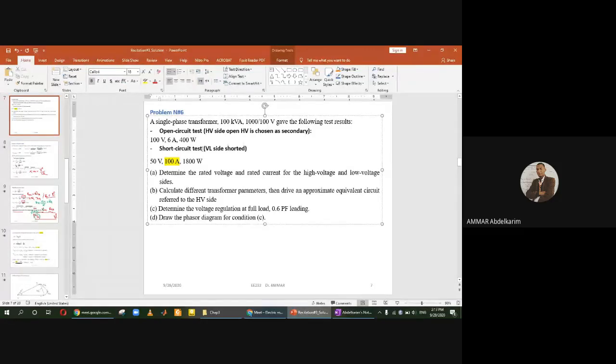Here, short circuit test, LV is shorted, so LV is the secondary. There is nothing to oblige you to make this primary or secondary, except if they mention directly which one is the primary and which one is the secondary. Here it's not specified at all.